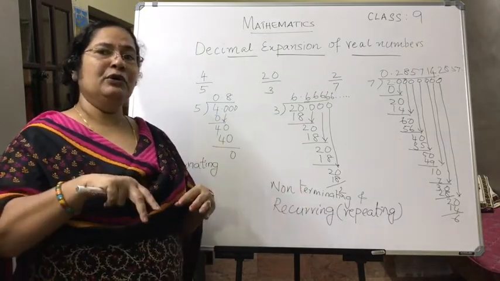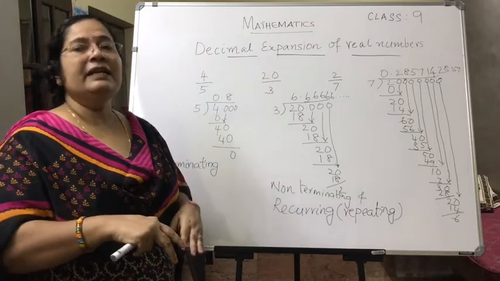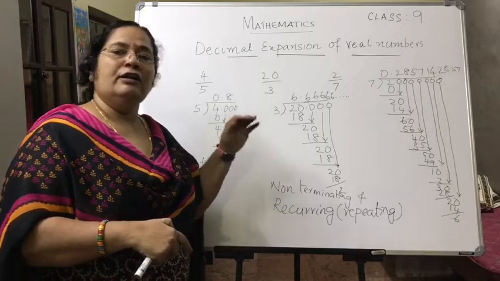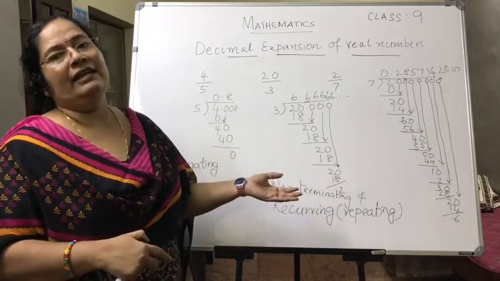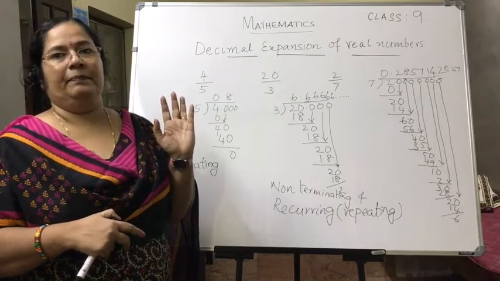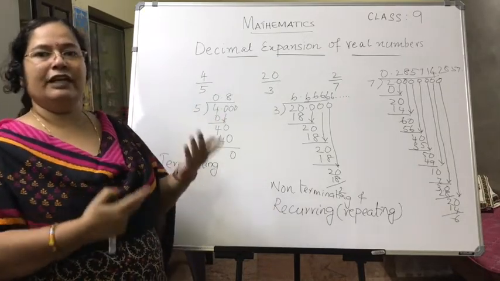The other way, if the decimal expansion is either terminating or non-terminating and recurring, then the given number is a rational number. So have you understood the decimal expansion for a rational number?